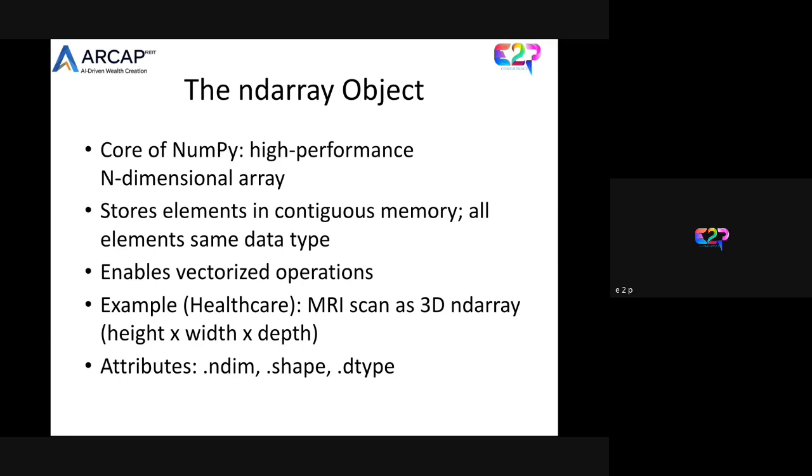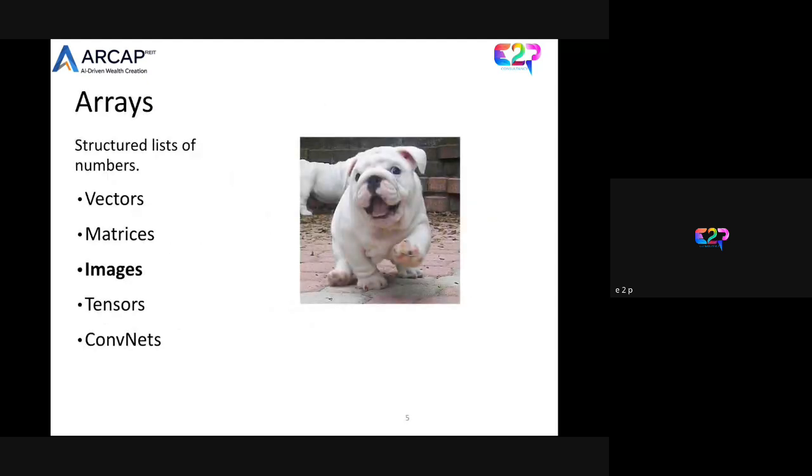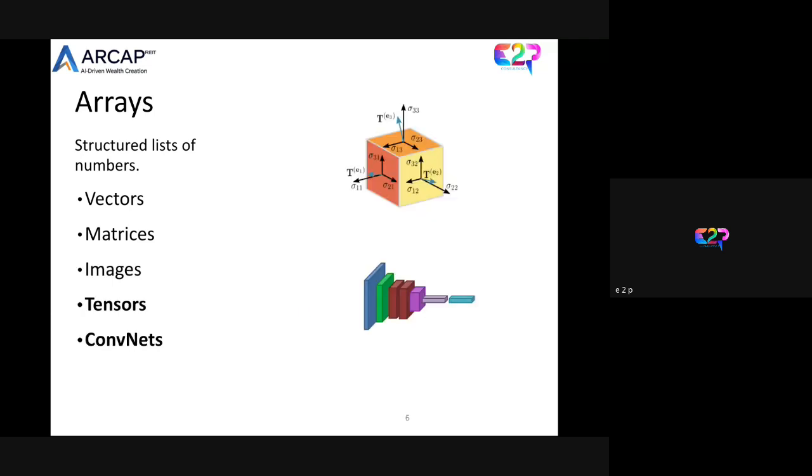And we have the attributes for this ndarray: ndim, shape, and data type. Like we discussed earlier, arrays are a structured list of numbers like vectors, matrices, images.